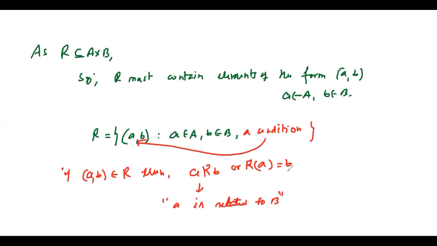Or we can write it like this also. So these are the three symbols we use for saying that (a, b) is in R, and we read that a is related to b. This is small b. So a is related to b. This is what we have for today.